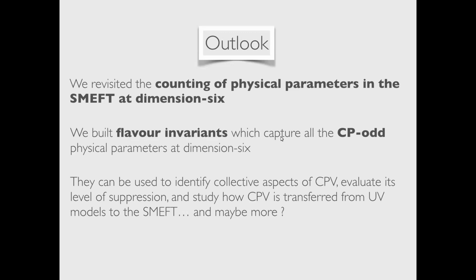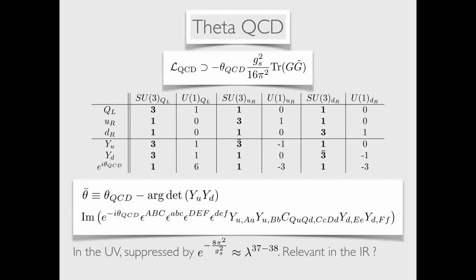Yes, you could. You mean the theta QCD angle, right? Yeah, you can do this. So for instance, I had this slide hidden about theta QCD. You can ask this already at the level of dimension 4. There are phases which are charged under the U(1) part of the flavour group, and you could try to make invariants.